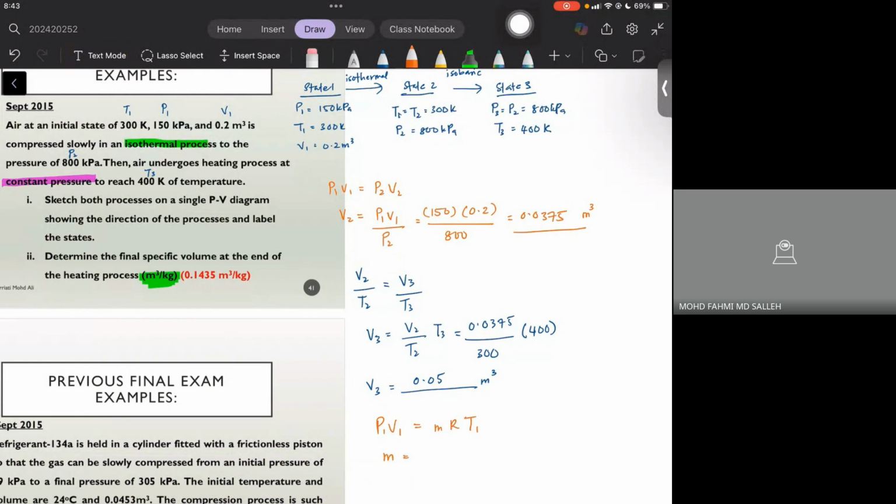Mass will be P1 V1 divided by R T1. So we have the value for P1, the value for V1, and also the value for T1. However, this question does not give the specific gas constant R for air.